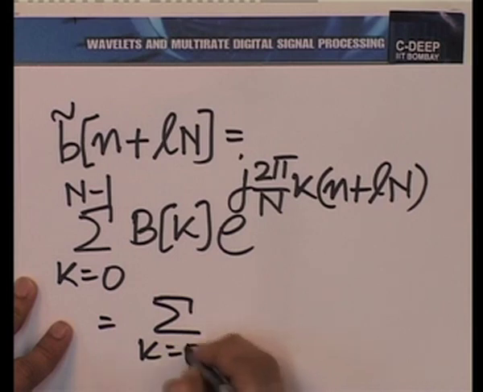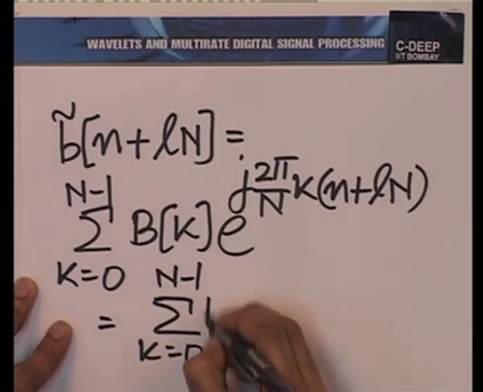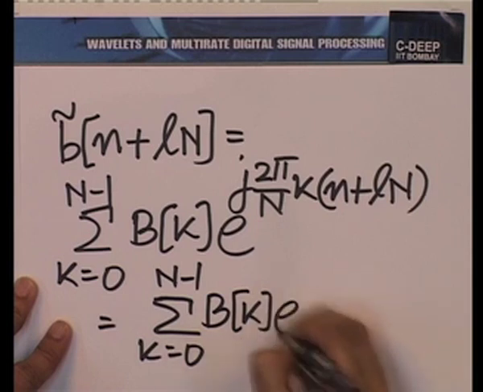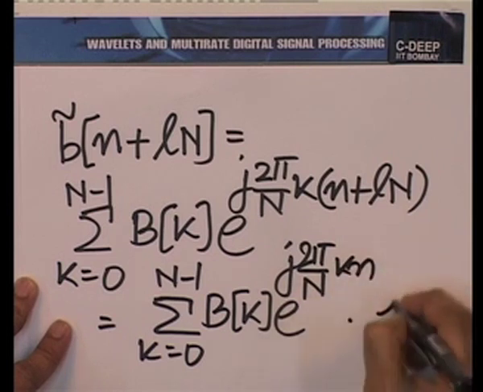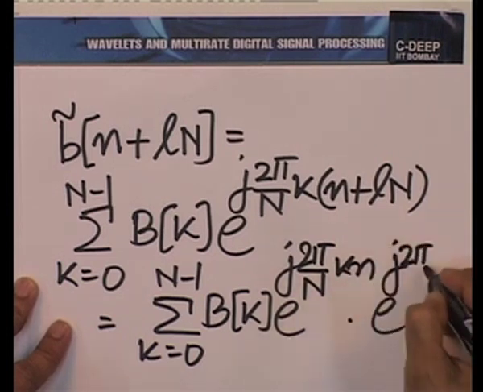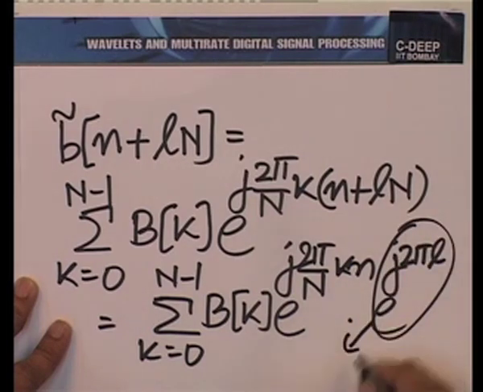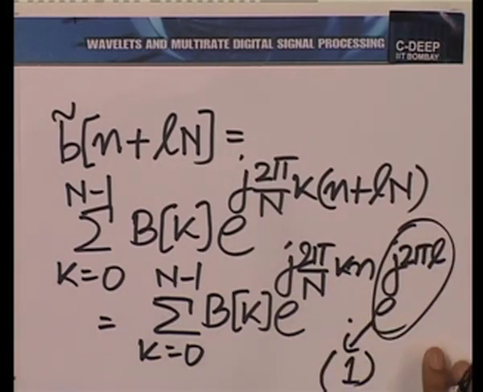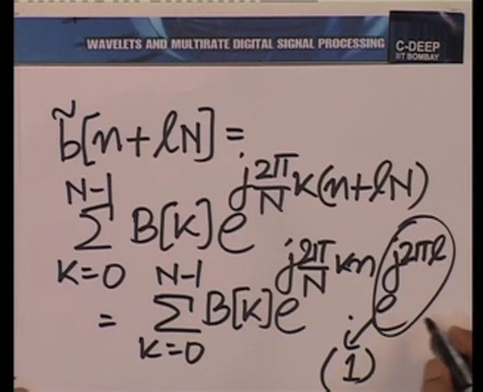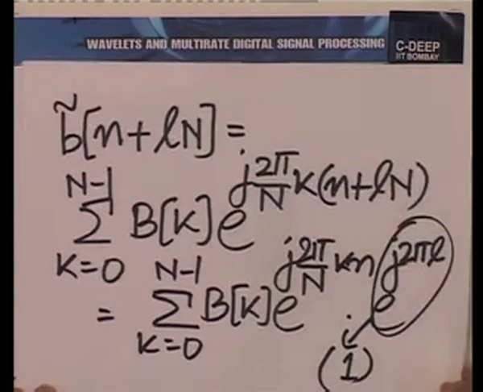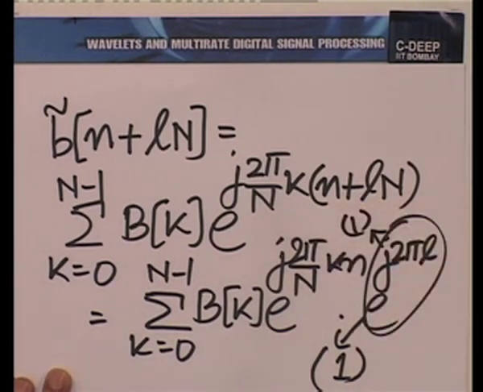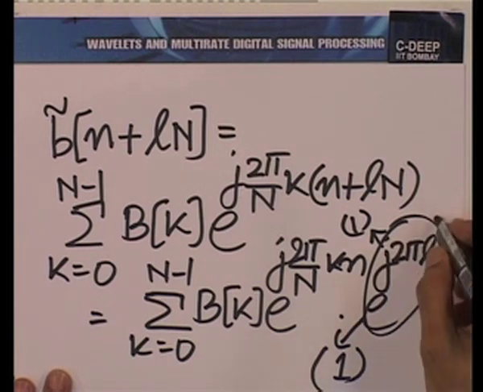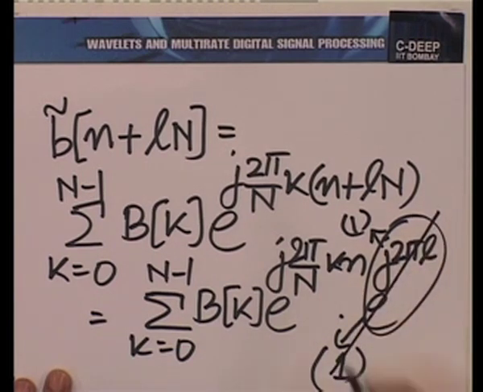We have k going from 0 to capital N minus 1 b_k e raised to the power j 2 pi by capital N k n times e raised to the power j 2 pi L, and this is essentially 1. So, you may remove this term and leave this, and that is the same as b tilde n.